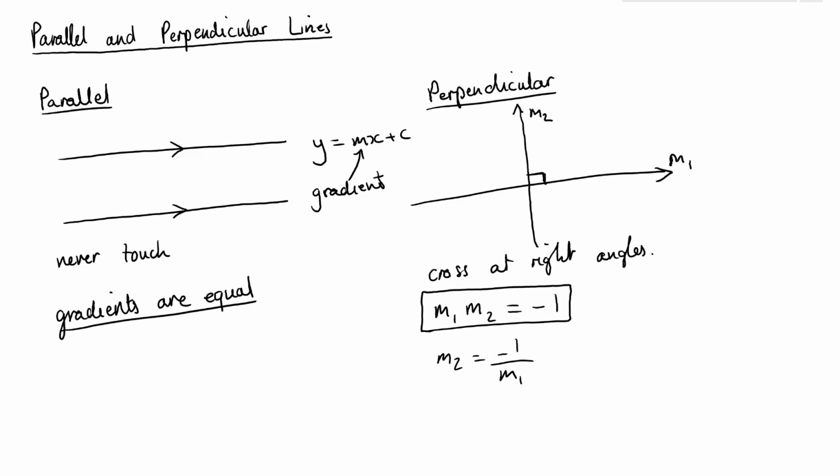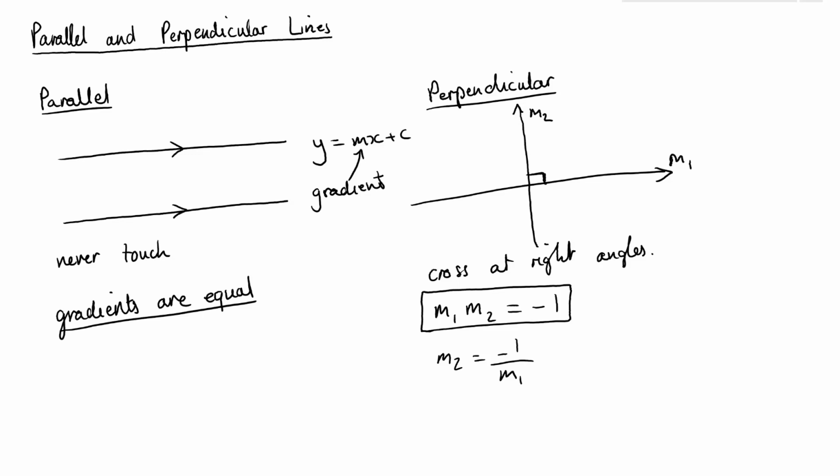So in order to prove that two lines are perpendicular, we just have to find both of their gradients, which you'll find out how to do in the equation of a straight line video. If we multiply them together and we get -1, we've proven that these lines are perpendicular. If we find both of their gradients and their gradients are the same, we've proven that these lines are parallel because their gradients are equal.